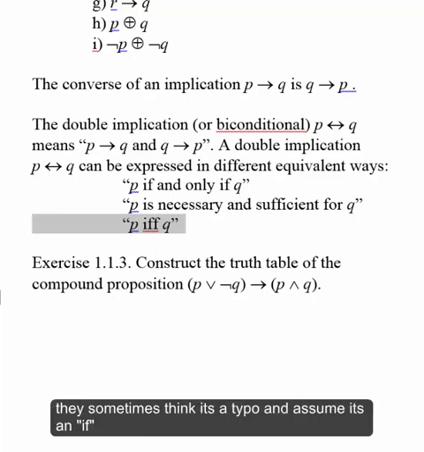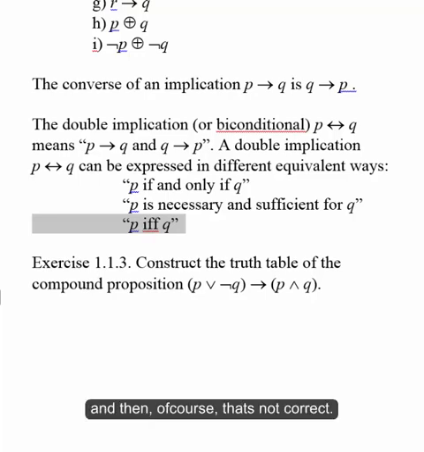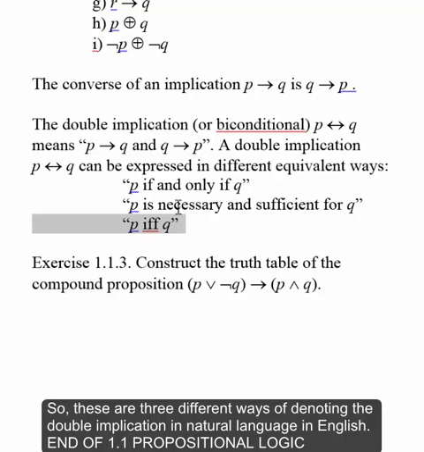They sometimes think it's a typo, so they assume that it's an F, and then of course that's not correct. So these are three different ways of denoting the double implication in natural language in English.